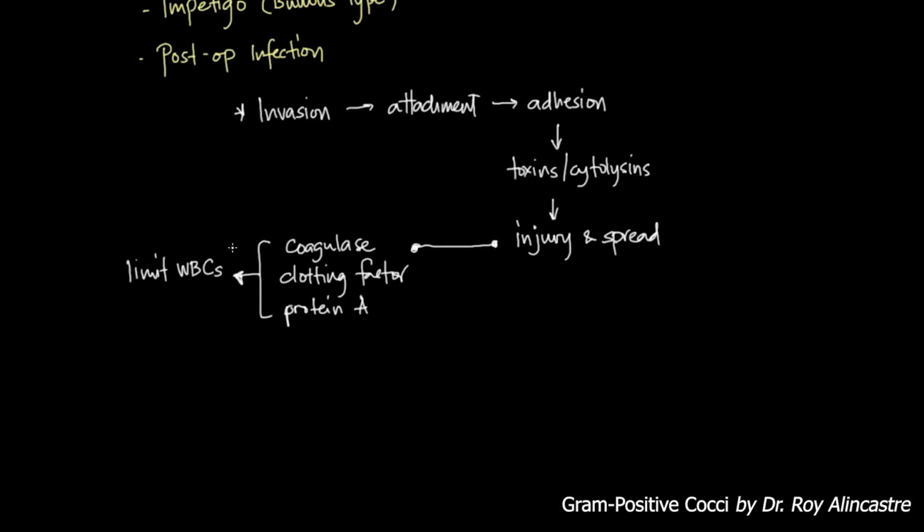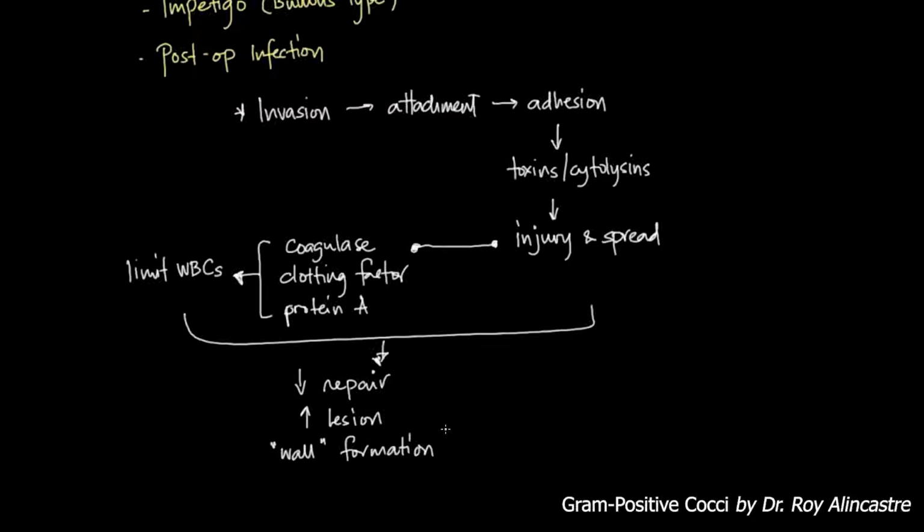The continued production of alpha toxin destroys keratinocytes, and not just keratinocytes, also other cells, including platelets, thus compromising repair and allowing the lesion to expand. The inflammatory cells, fibrin, and other tissue components then form a wall, which becomes the painful, familiar boil, with pus formation in the center.